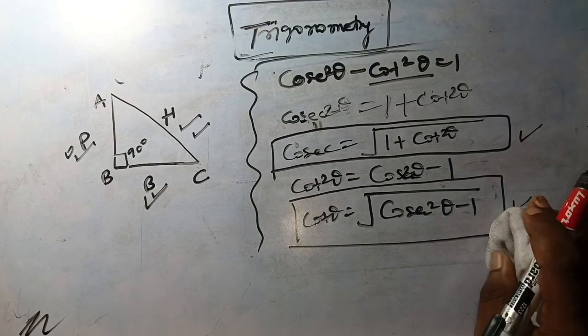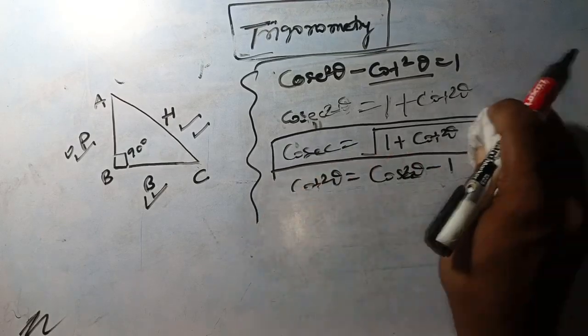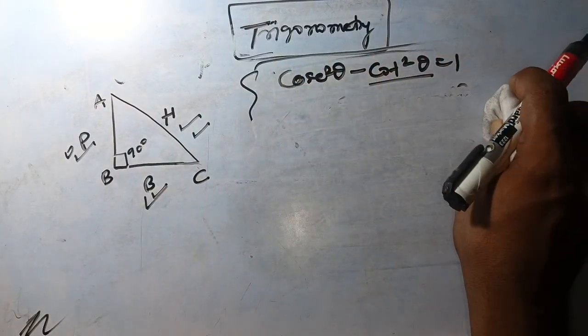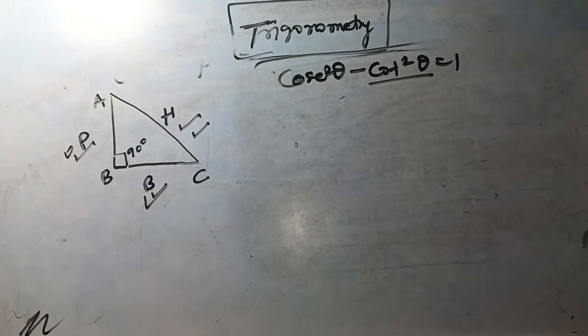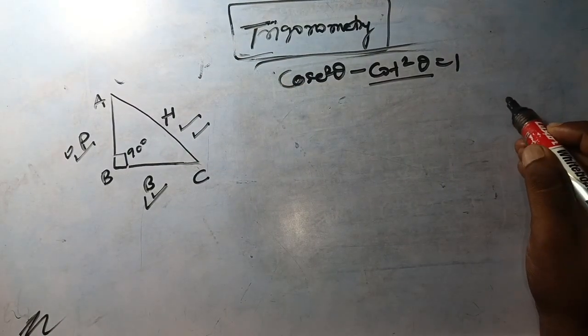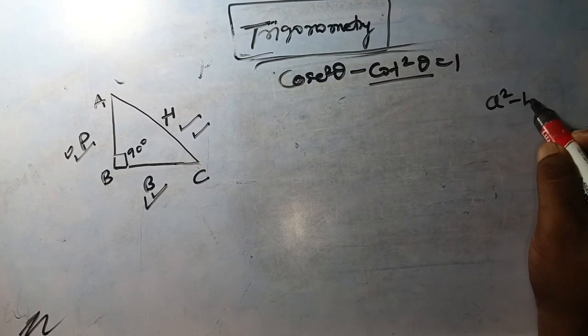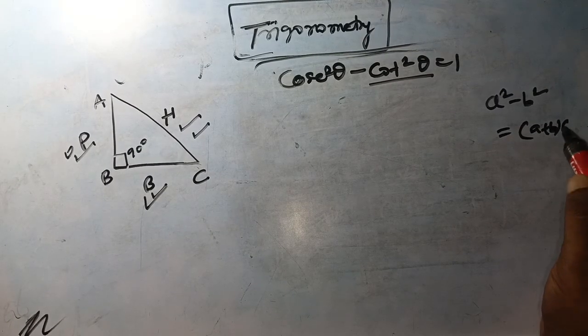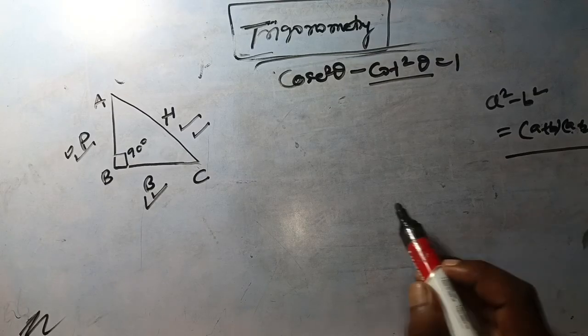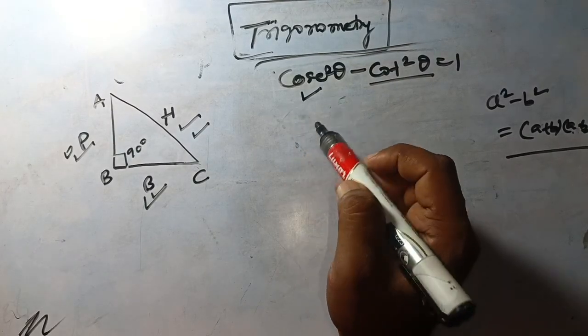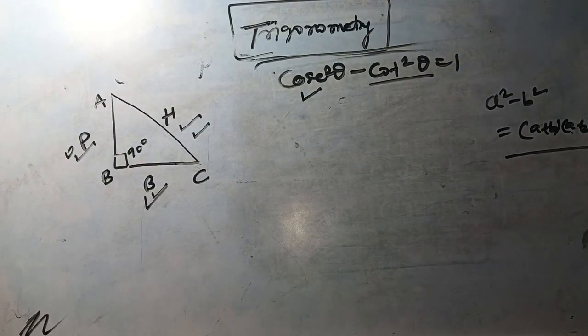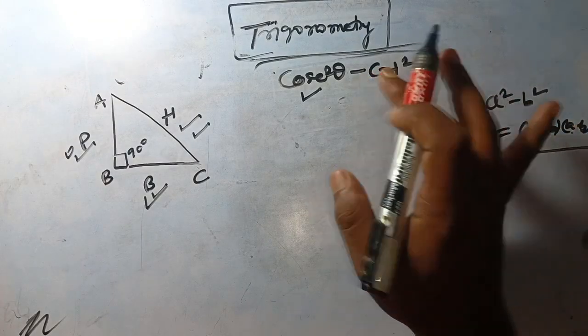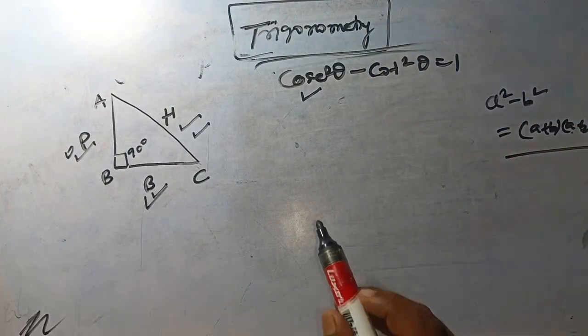And in this formula we can find two more formulas. How? Let's see. We all know the algebraic formula, that is a square minus b square, which is equal to a plus b into a minus b. So from here we can consider cosec square theta as a and cot square theta as b.